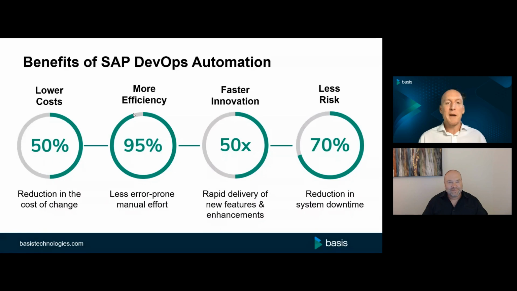So yeah, the benefits of SAP DevOps automation. I said at the start, okay, we've got these great stats for DevOps and everybody knows they're there, but they don't really apply to SAP, for most places.